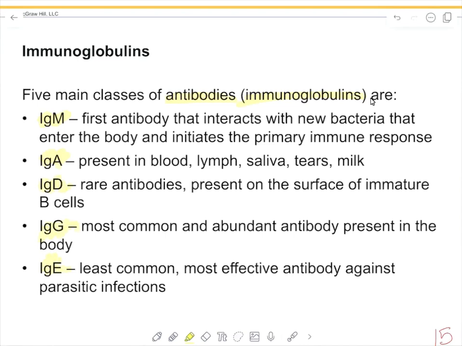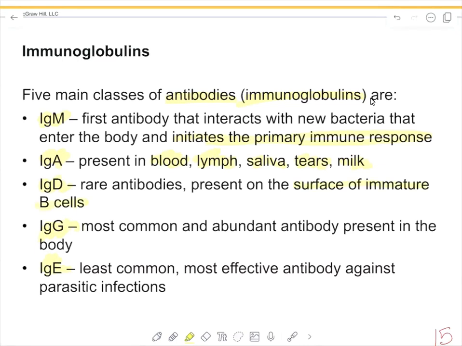The IgM is the first antibody that interacts with new bacteria that enters the body, and it initiates the primary immune response. The IgAs are present in a lot of our bodily fluids, including blood, lymph, saliva, tears, as well as breast milk. The IgD antibodies are rare, and they're present on the surface of immature B cells.